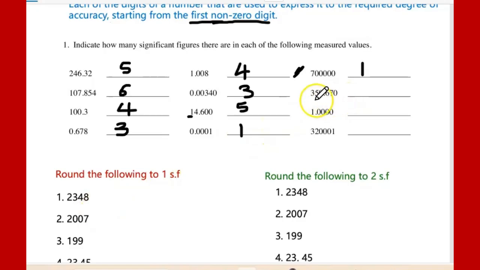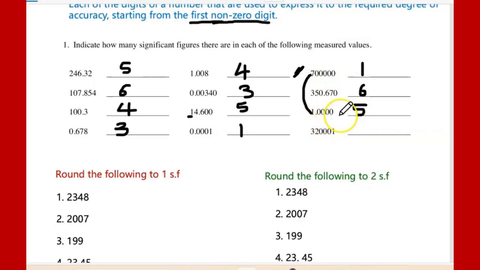Now this one will be how many? 1, 2, 3, 4, 5, 6. This will be how many? This will be 1, 2, 3, 4, 5. So this is 5. Now compare this and this. You will see the difference now. This is 700, but this is 1.0000.